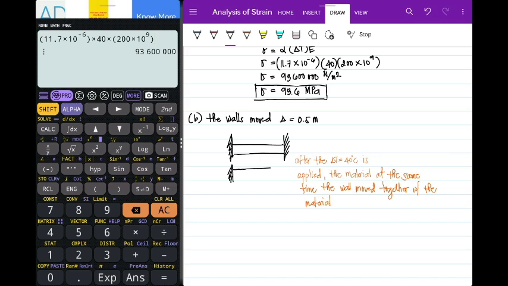Or is it 0.5 meters? Okay, so that is where our material is now. It moved at the distance delta.